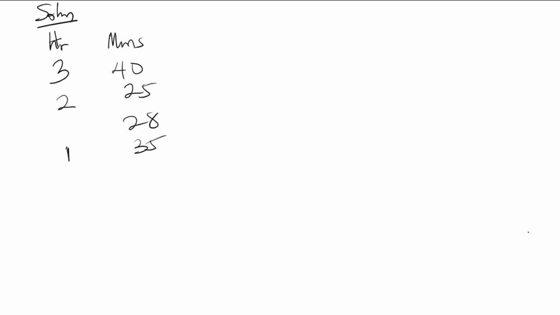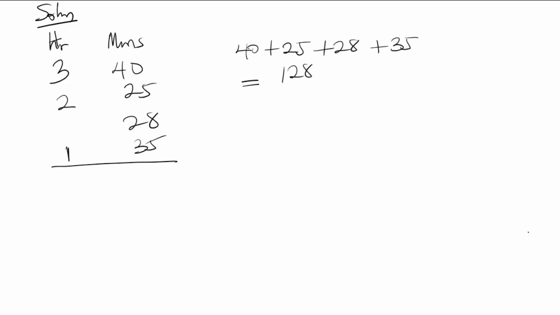Now I'm supposed to add all these together. So let us start from the minutes column. I have 40 minutes plus 25 minutes plus 28 minutes plus 35 minutes. When you add all these together, we are going to get 128 minutes.